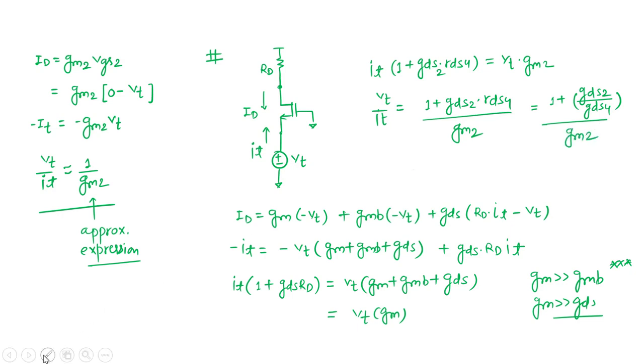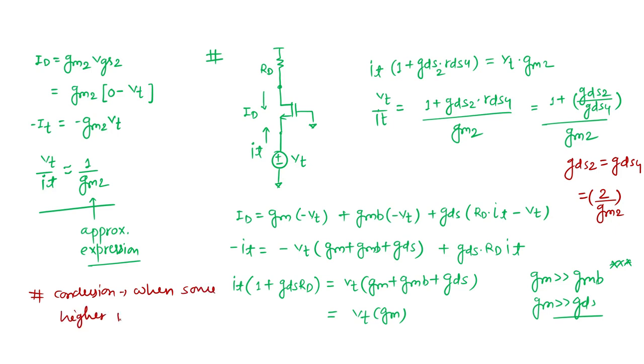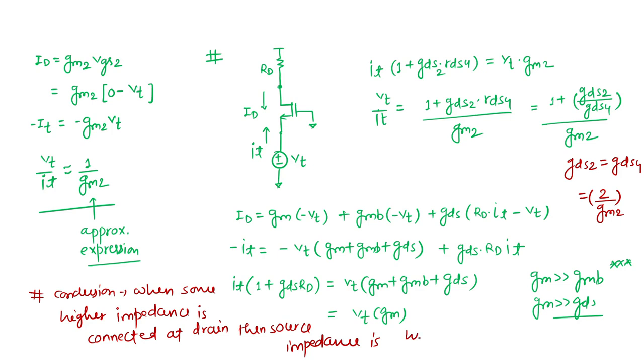Okay, so if I consider one more assumption here, let GDS2 equal GDS4, then this impedance will look like 2 by GM2. So anyway, this impedance is not exactly 1 by GM2, rather it is somewhat greater than that. Okay. So one conclusion here is that when some higher impedance is connected at the drain, then the source impedance is higher than 1 upon GM. So this is the conclusion that I want to make here. It is coming as 2 by GM2.